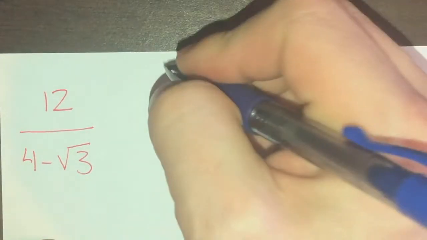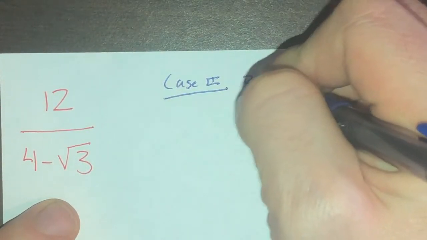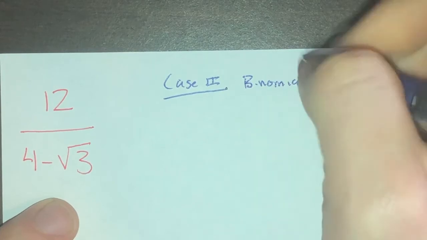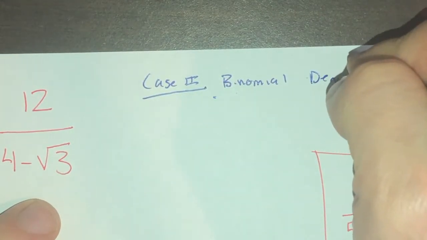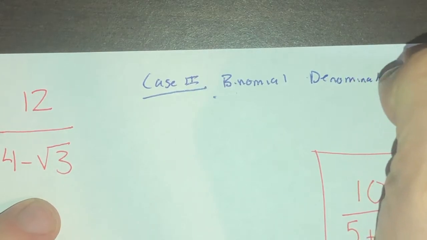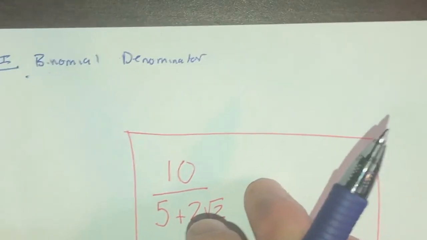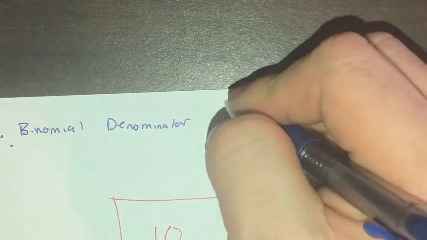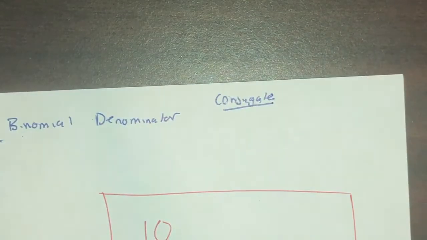And this is what I call case 2. And that is a binomial, bi like a bicycle, 2, denominator, okay? So in these ones, we have a binomial in the denominator. And with this, you need to use what we call the conjugate, okay?